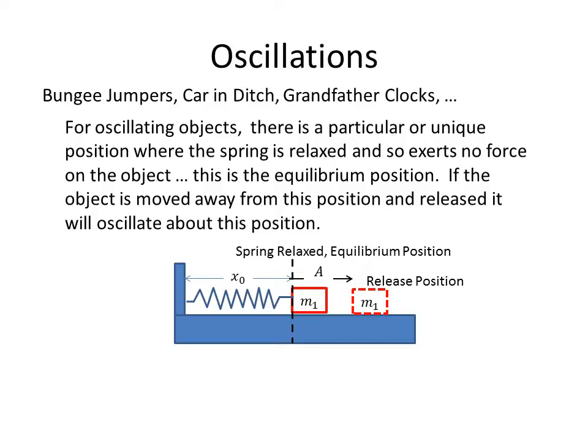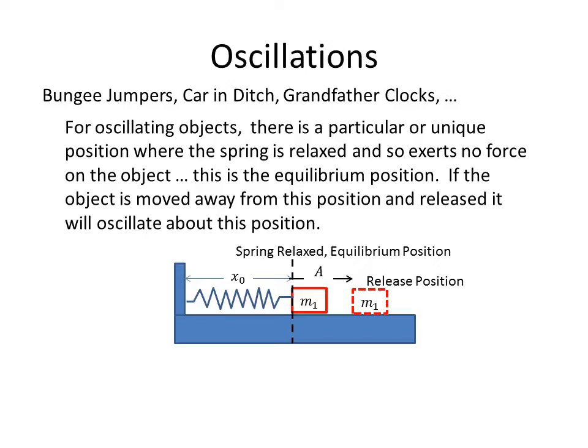It will travel to the other side, to the left-hand side of the dashed black line, a distance A also. So it'll oscillate from a distance A to the left of the dashed black line to a distance A to the right of the black line. We're assuming that the floor has no friction, that there's no energy loss, so this oscillation will go on forever.